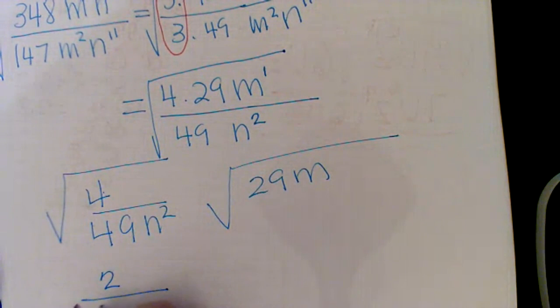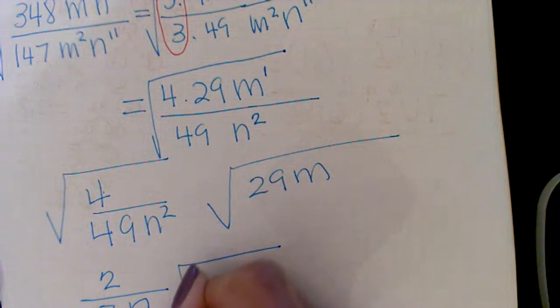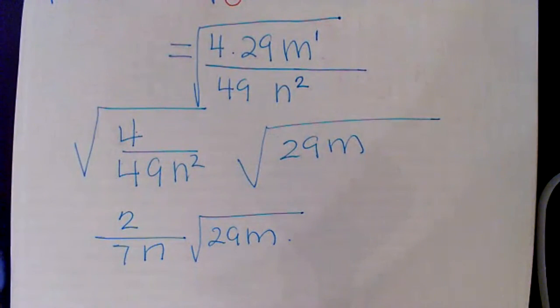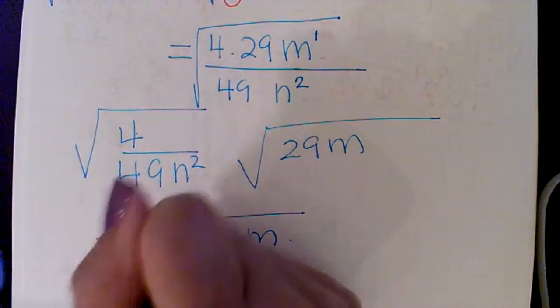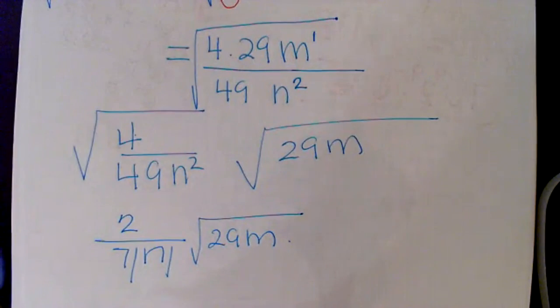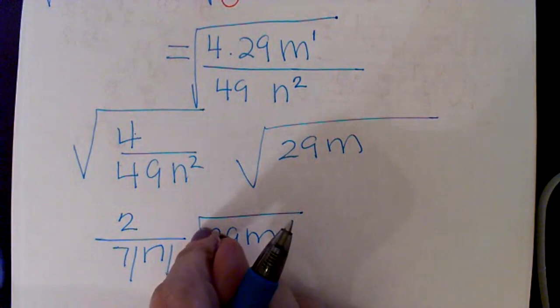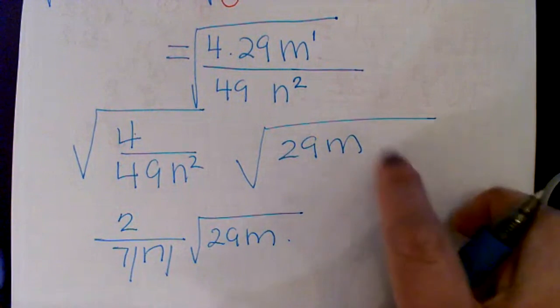Square root of 49 is 7. Square root of n squared is n times 29n. Okay? And I believe for some reason, in Newton, this has to be absolute value because it's coming from an even index. All right?